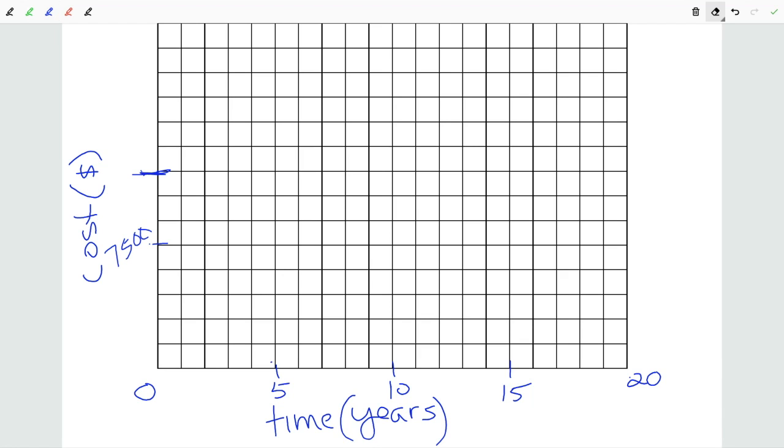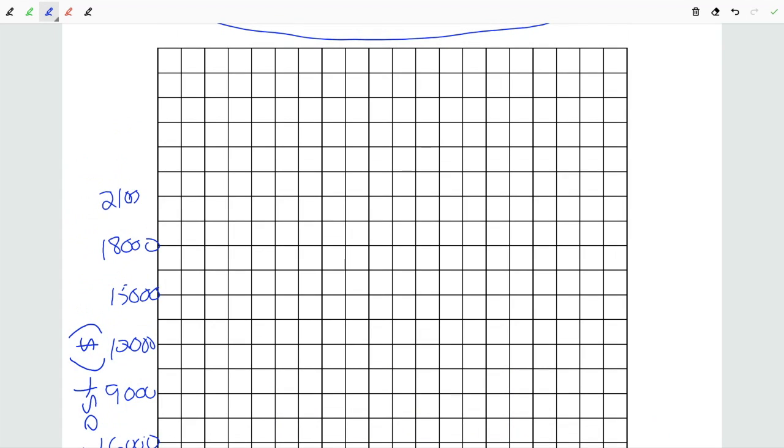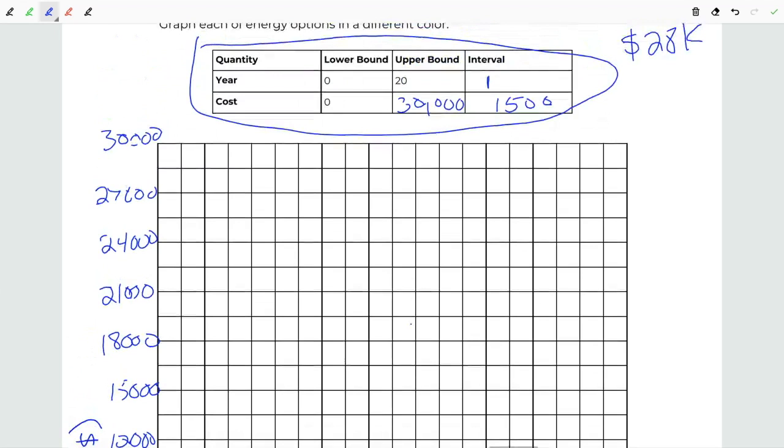So instead, I'm going to label it by 2. So 3,000 here, 6,000. Okay, and it's important to make sure that this top one matches your upper bound, which it does.